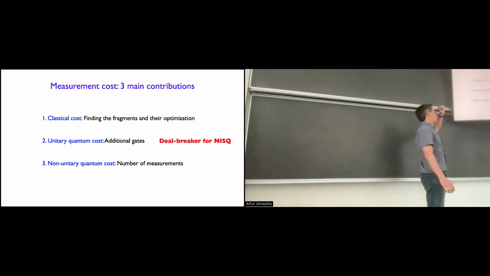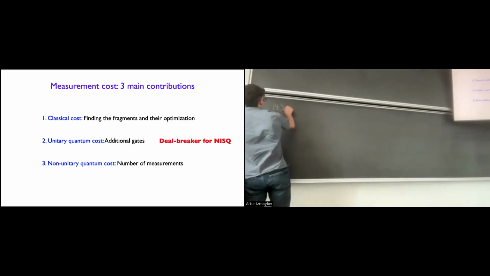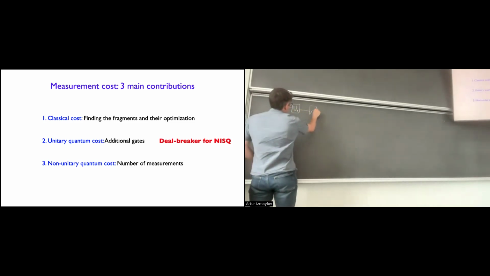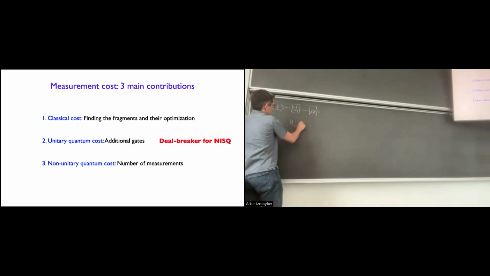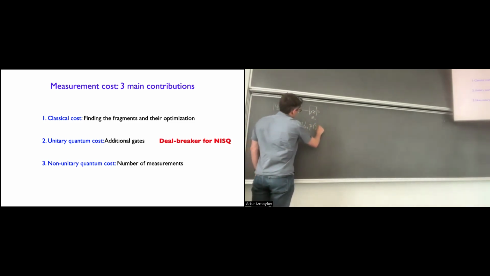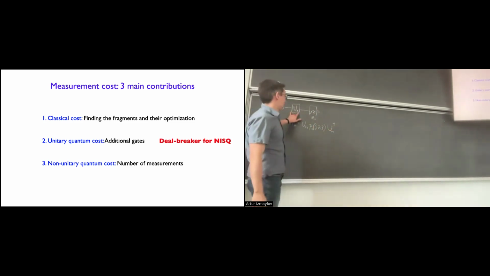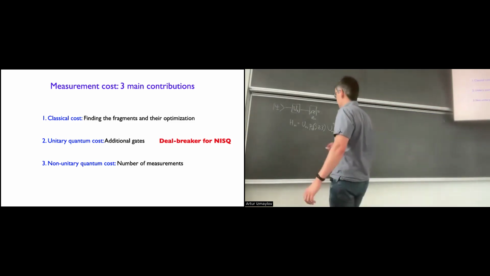Then there is a unitary quantum cost, meaning that for the wave function that you want to measure, you want to put the unitary that diagonalizes the fragment, if it's a measurement using some sort of fragmentation, and then do the measurement of Z's that allows you to construct a polynomial.